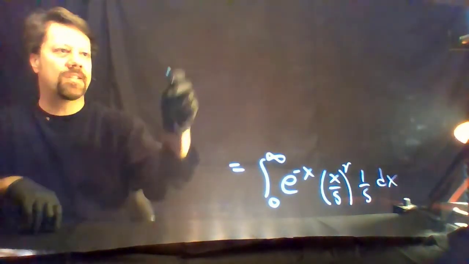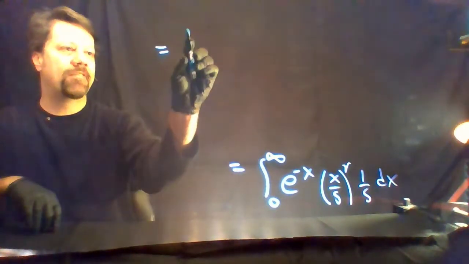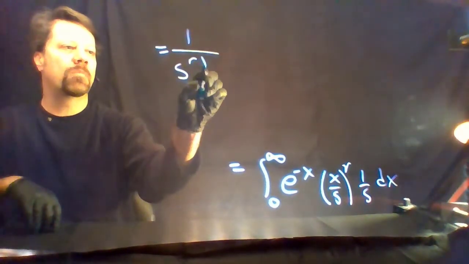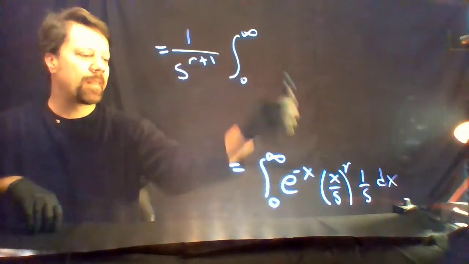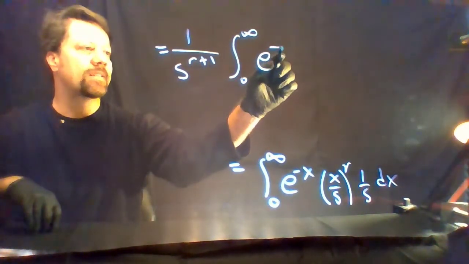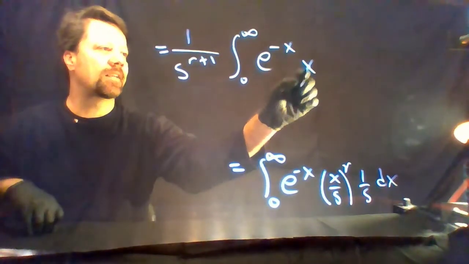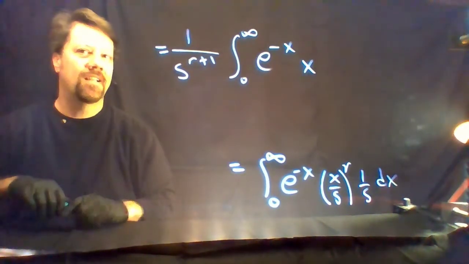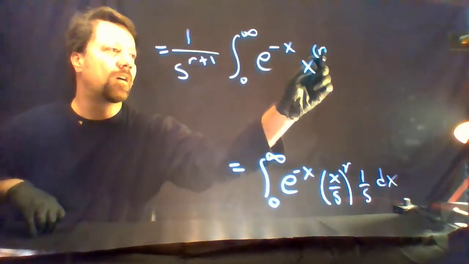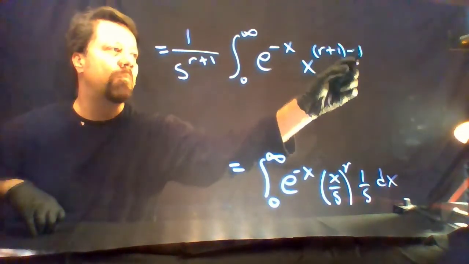It follows then that we have 1 over s to the r plus 1 times the integral from 0 to infinity, e to the minus x, and I'm going to express this exponent in a special way. It's going to be r plus 1 minus 1.